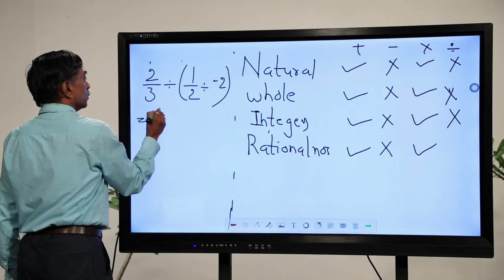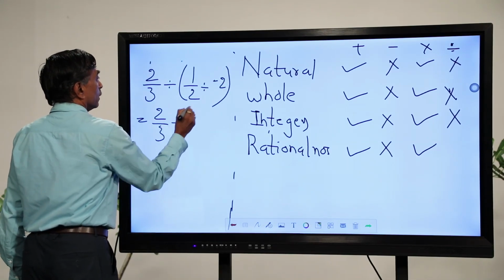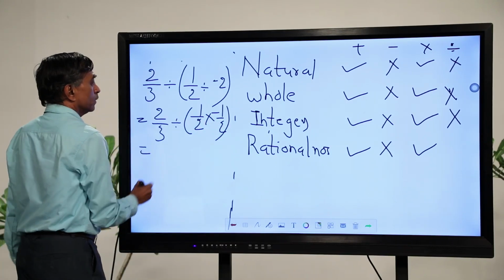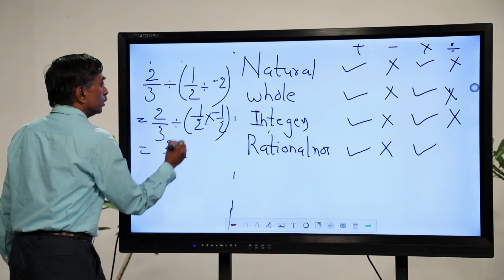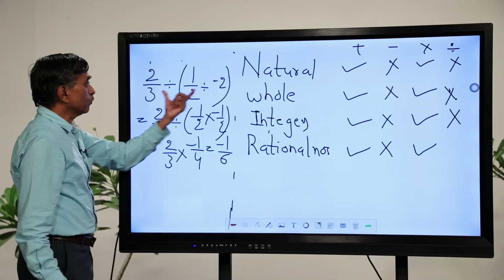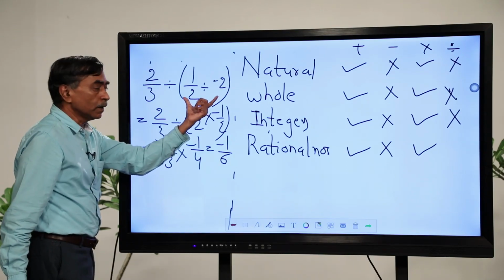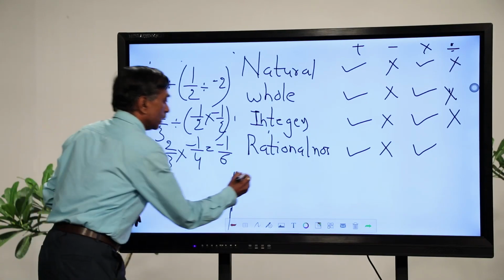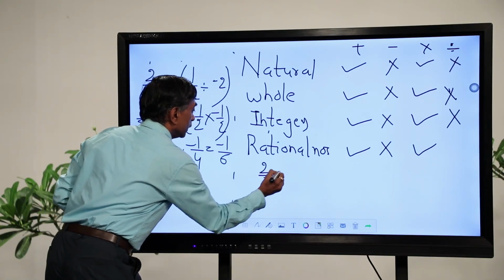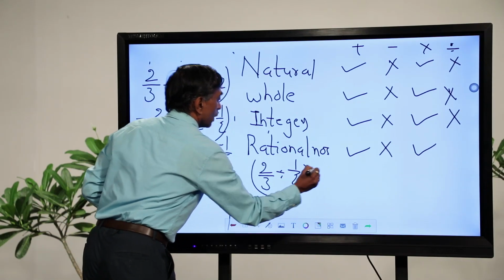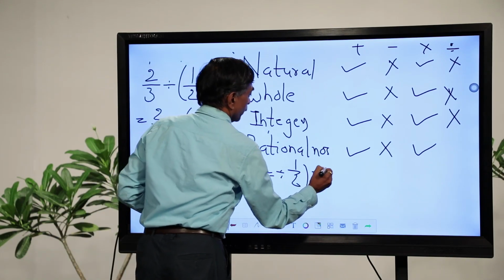So, what do you get here? 2 by 3 divided by 1 by 2 into minus 1 by 2, and finally, I will write the final answer as 2 by 3 into minus 1 by 4, or that is nothing but minus 1 by 6. So, this is one way. First of all, these two numbers have been combined, and then whatever result you get, you combine it with the remaining number. Just try to shift the brackets now. 2 by 3 divided by 1 by 2 divided by, what is that, minus 2.